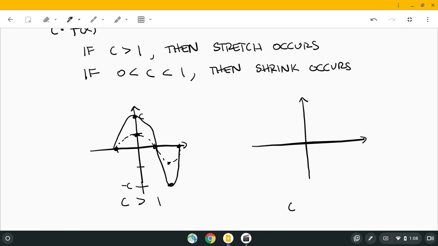If C is less than 1, greater than 0, then that same graph, let's put it back over here.